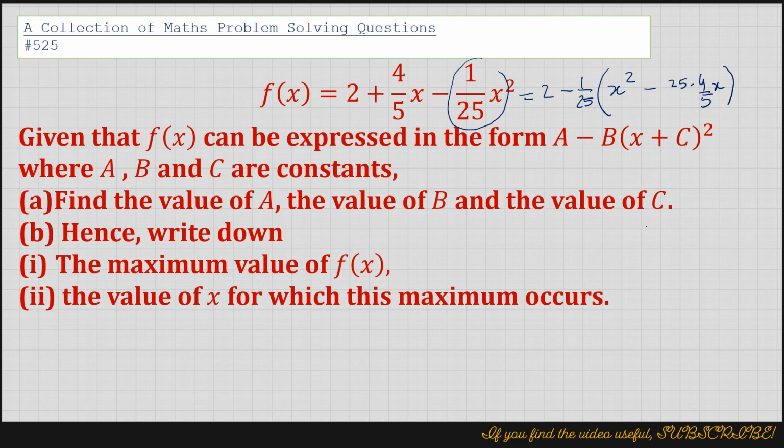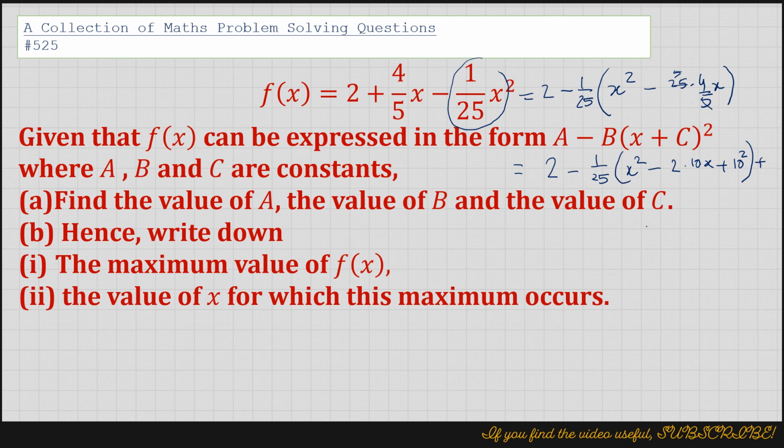So this can be rewritten as 2 minus 1/25 and x squared minus, you see this can be simplified, that is 20x, so 2 times 10x, and then plus 10 squared. And then because I've added a 10 squared, I need to subtract it, not only a 10 squared out of 25. And this already has a minus sign, so if I were to remove the bracket, the 10 squared would have a minus sign.